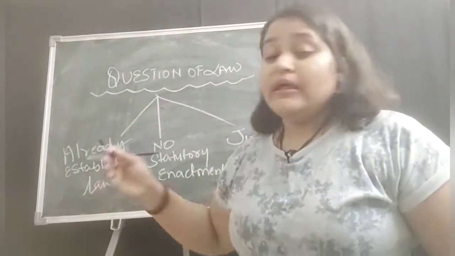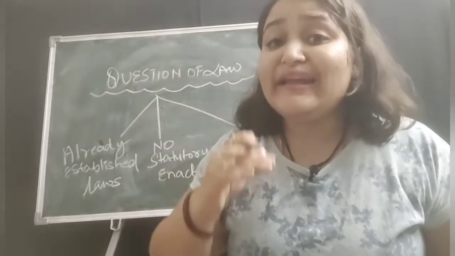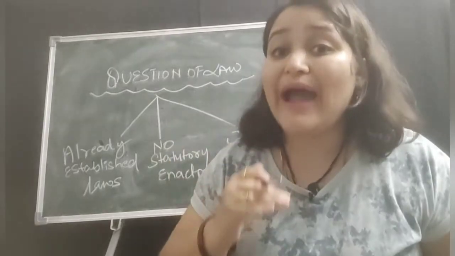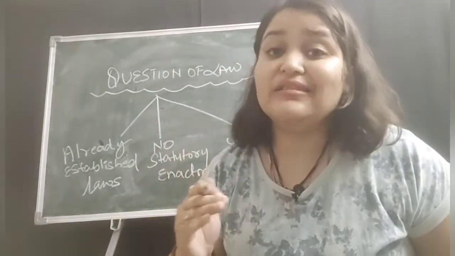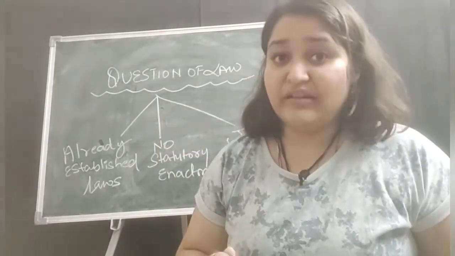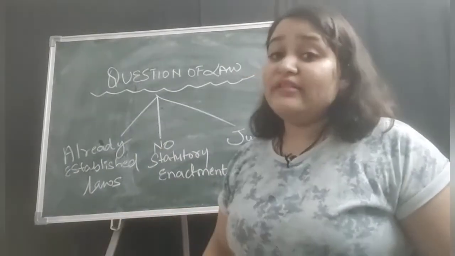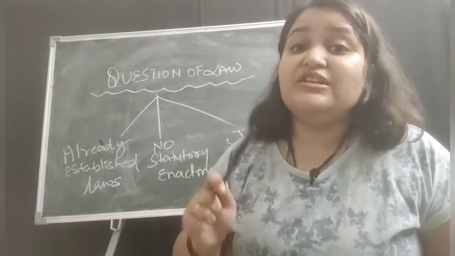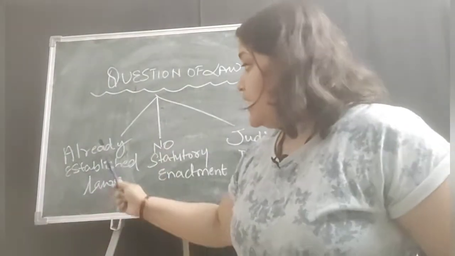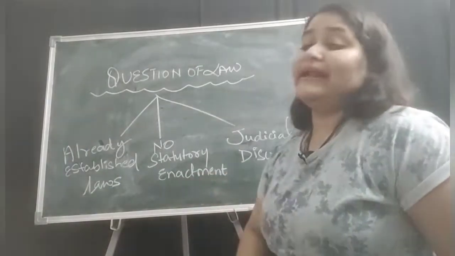Now here there is an established law and the court is applying that law on the facts of the case, and after that the court will decide the case. So here the question of law is whether to consider the child guilty of the offence or not. Already established laws.